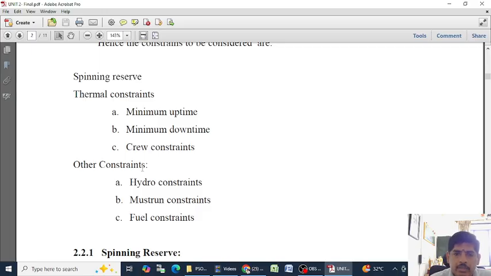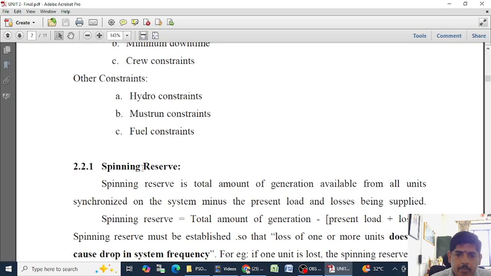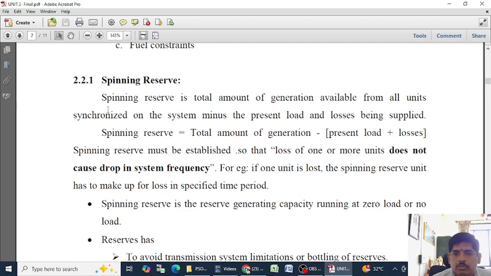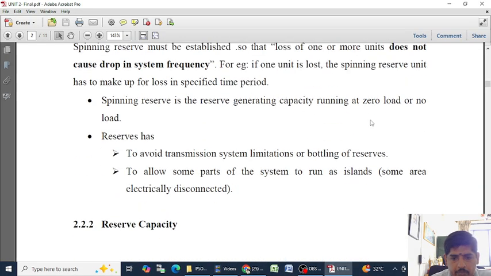So what is spinning reserve? In the spinning reserve constraint, spinning reserve is the total amount of generation available from all units synchronized on the system, minus the present load and losses being supplied.